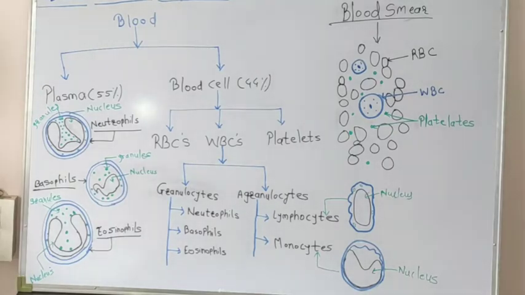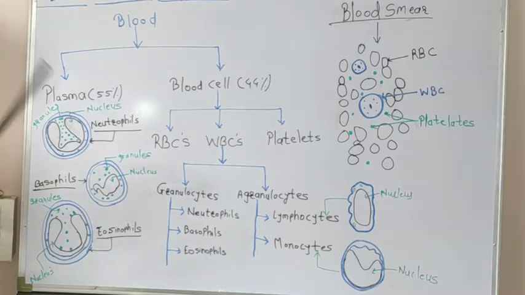We have already seen that the WBC is colorless as well as irregular. I have already told you that it has amoeboid movement. Like an amoeba doesn't have any particular structure, the WBC also has an irregular shape and structure. This WBC doesn't have a particular structure, and it is nucleated.